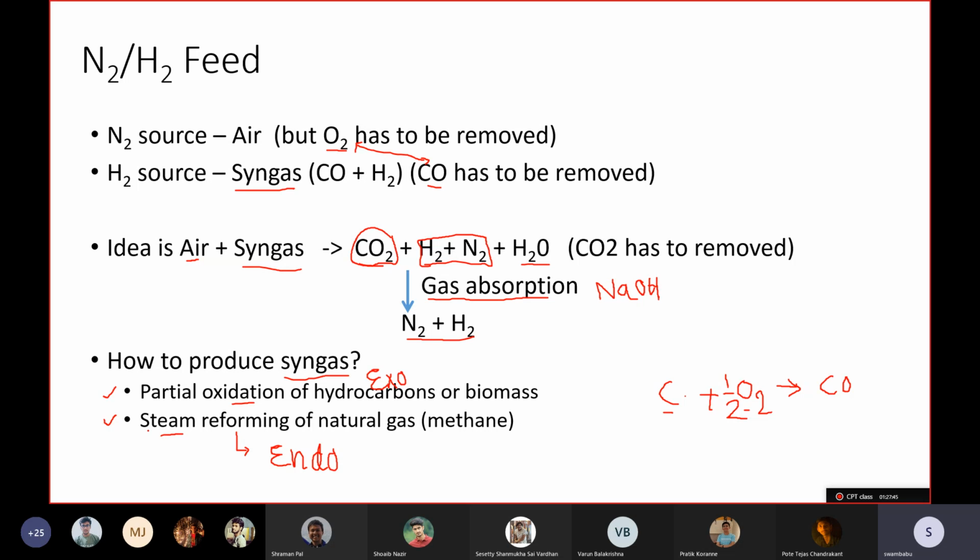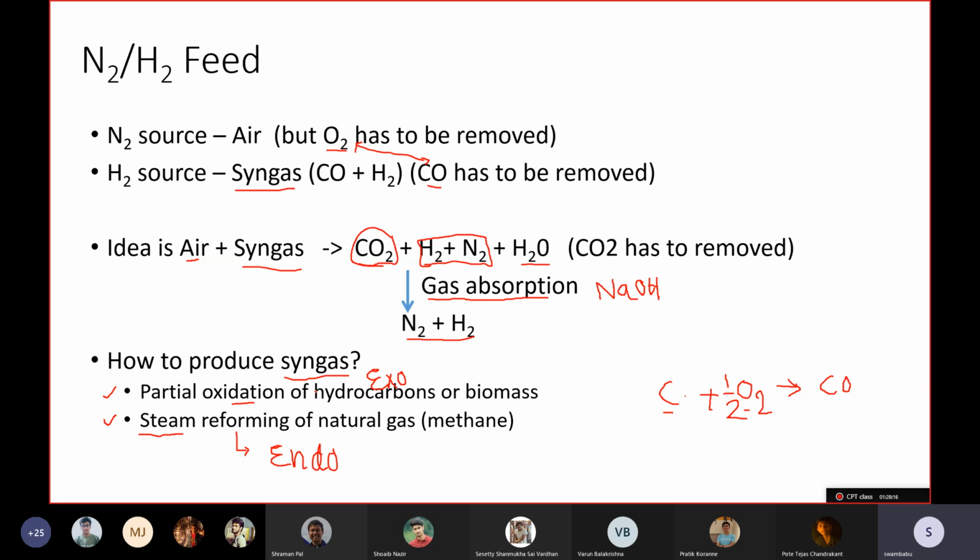So that's why steam reforming is preferred, but at the same time, energy needs to be supplied for the steam reforming. That energy is generated by the exothermic reaction from the partial oxidation. So if you combine both, some steam reforming and some partial oxidation, that way we can mitigate the net energy demand.